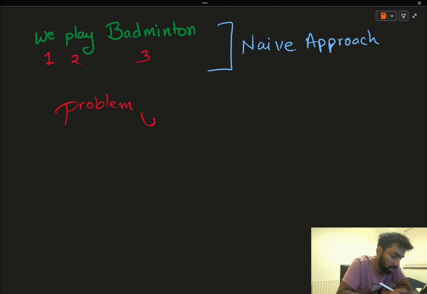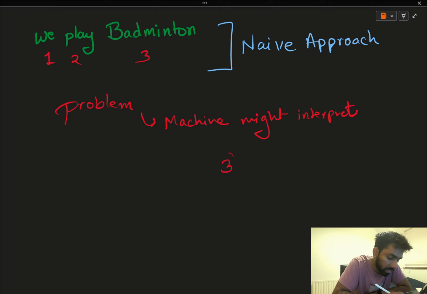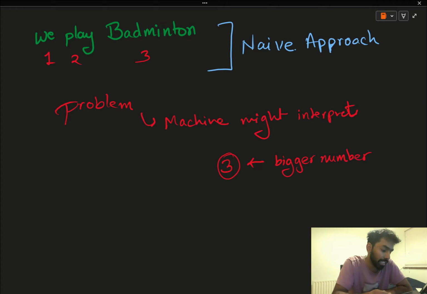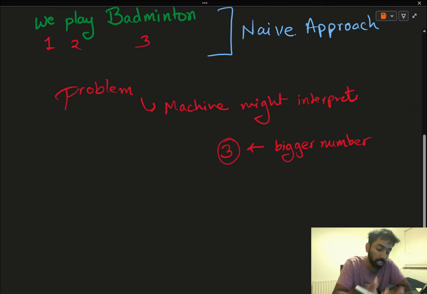For example, a machine might interpret three as a bigger number because the magnitude is more, and hence it might give badminton more importance than the other two words, which is wrong, and is what we don't want in a positional encoding. We just want to maintain the order, and this could lead to biases in how the model might interpret the sequence.